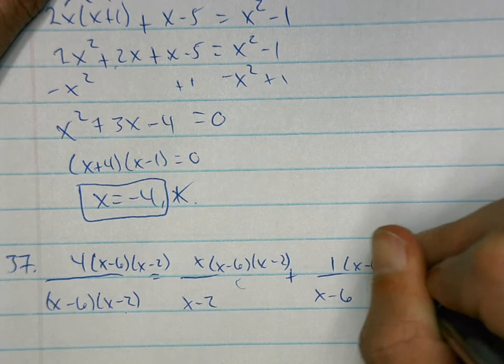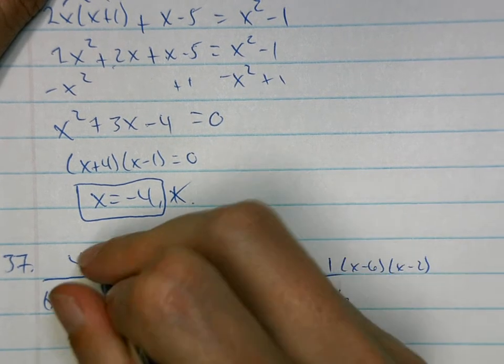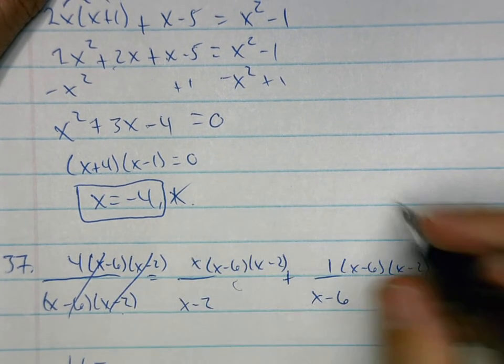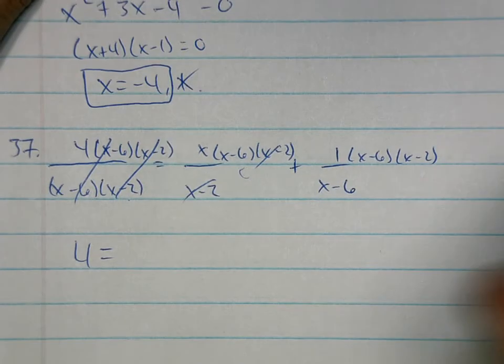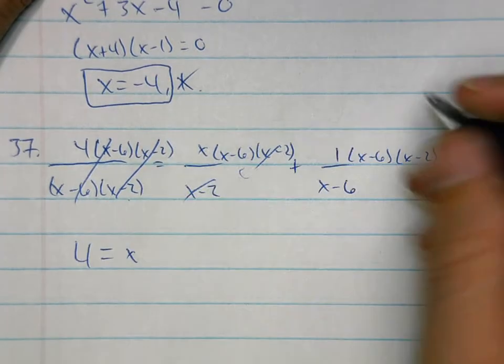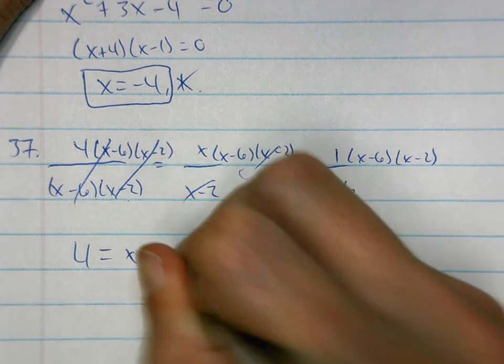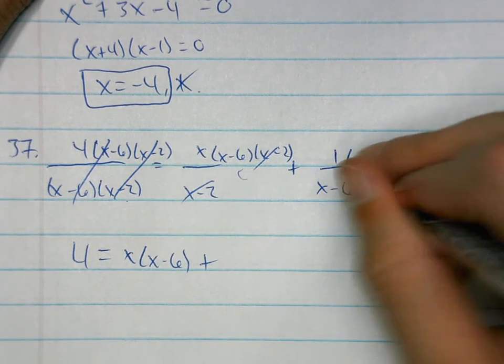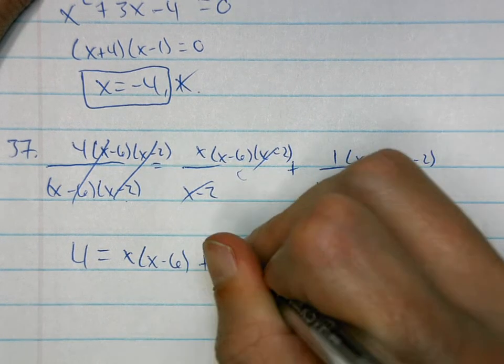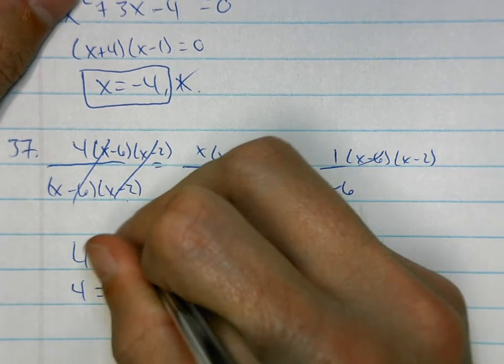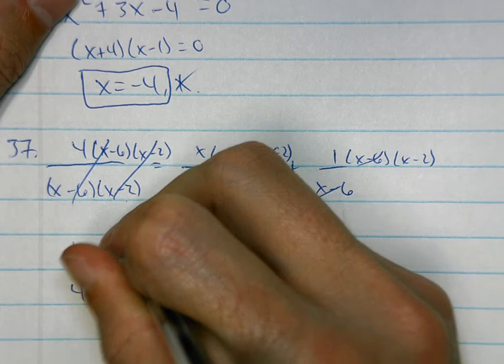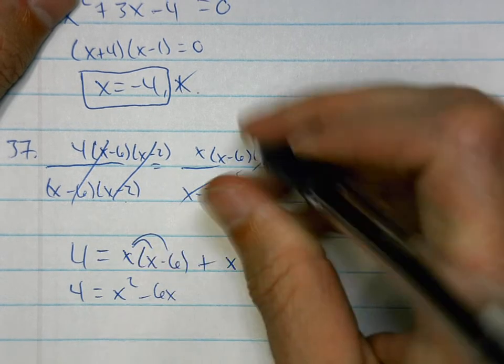So we get 4 equals, cross those out, x times x minus 6 plus, those cancel, x minus 2. X times x is x squared, x times negative 6 is negative 6x, plus x minus 2.